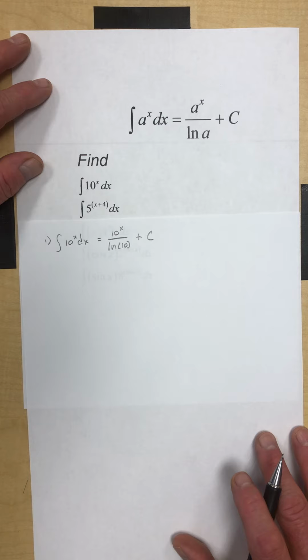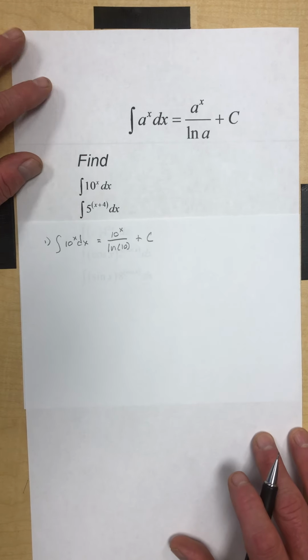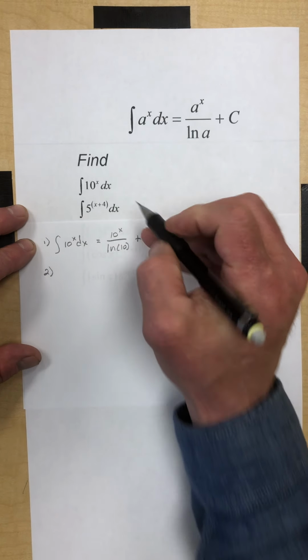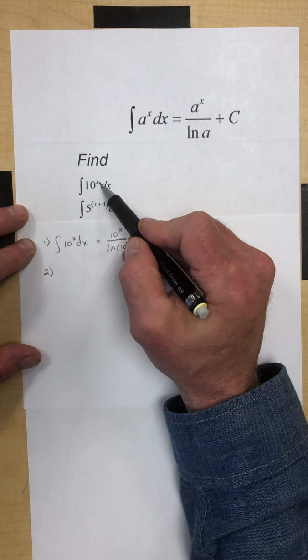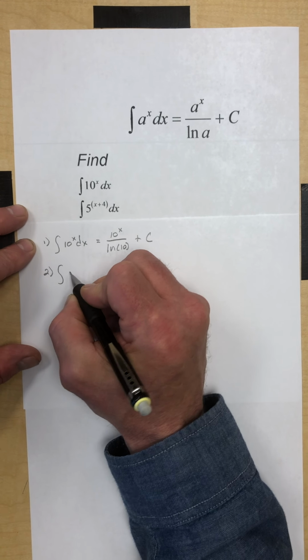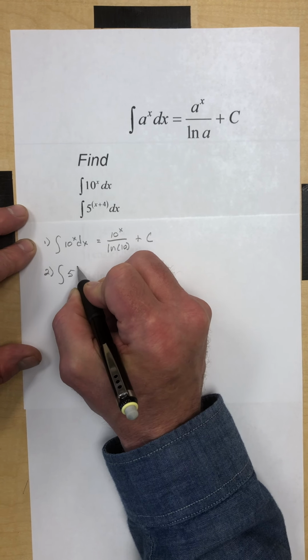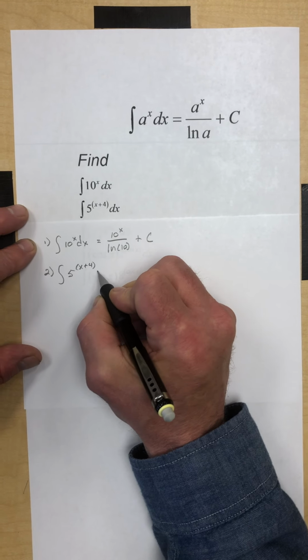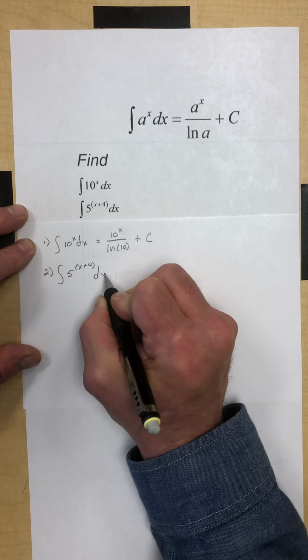This guy is just a little bit tougher, not a whole bunch. But notice rather than having an exponent that's just x, this one is x plus 4. So I am thinking, why don't we use a little bit of u substitution?